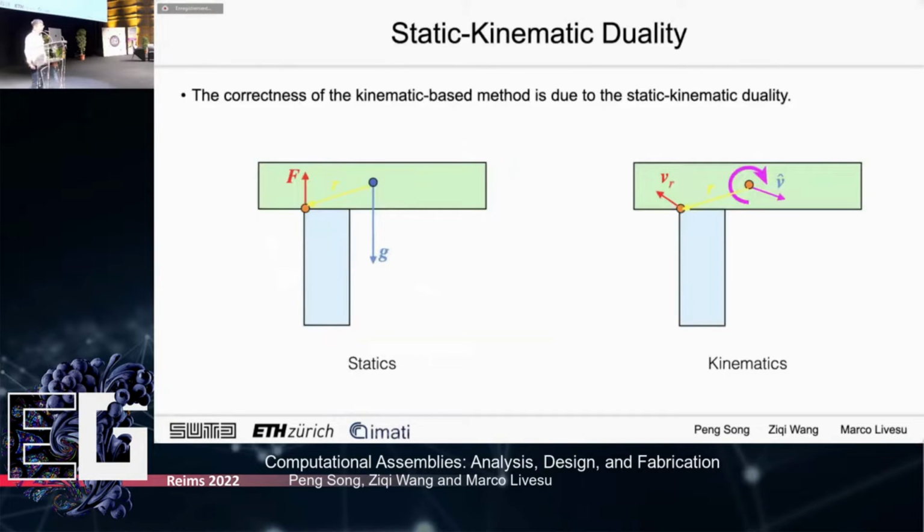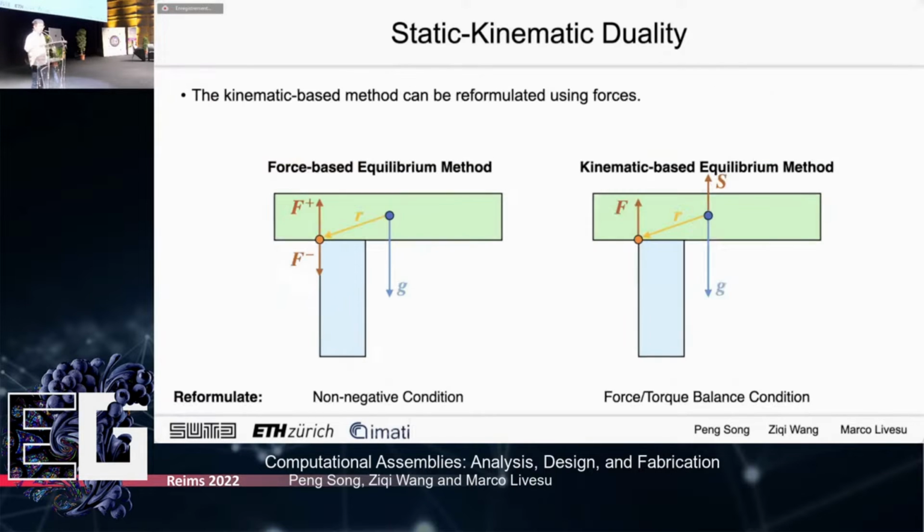If this is not very intuitive, we can actually prove the correctness of this kinematic-based method using the fact that kinematics and statics are dual problems. If you compute the dual of the optimization problem I just showed, you will see that it goes back to the force domain, and the method is actually penalizing the actual forces or torques acting on each part to make the structure stable.